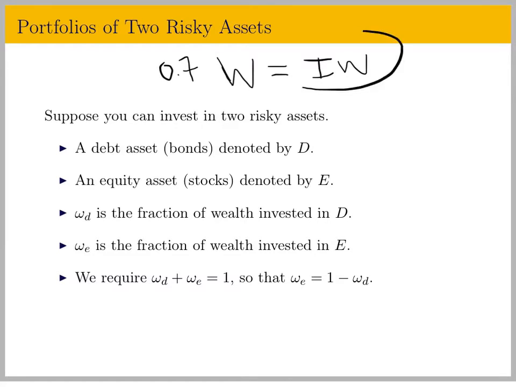And then this amount of wealth we are now going to treat as the wealth for which everything will be invested. And the omega sub D and the omega sub E are going to be the proportions of this amount that are invested, all of which we know is invested, and hence these must sum to 1.